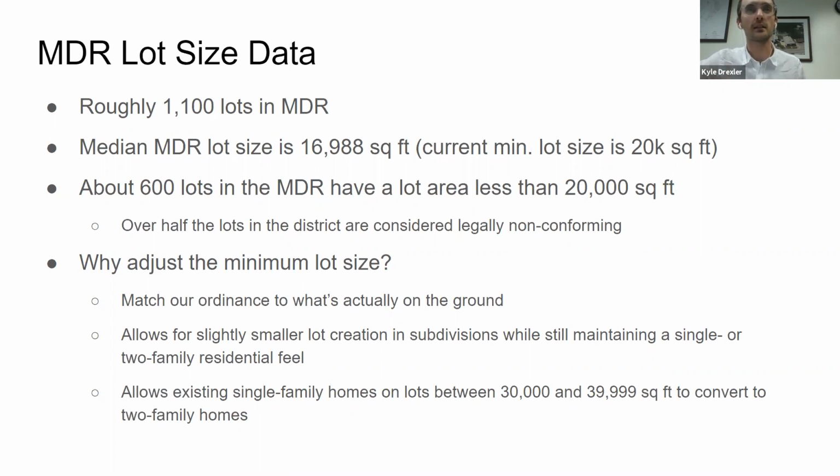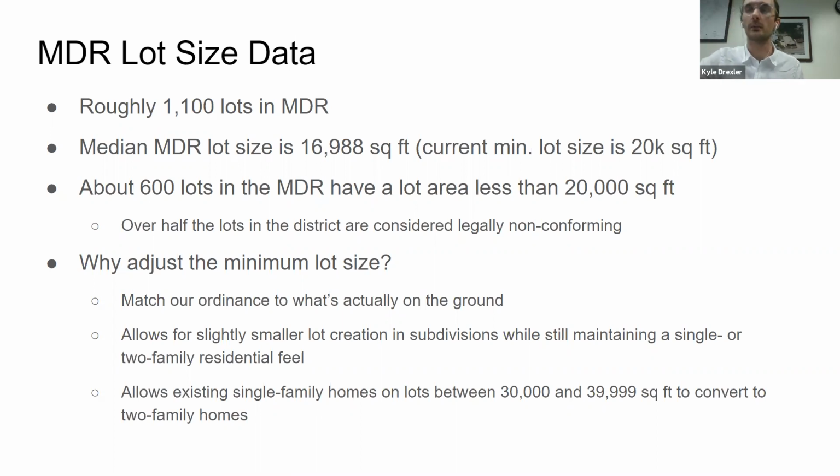If you look at all the lots, about 600 lots in the MDR have a lot area less than 20,000 square feet. So over half of the lots in the district are considered legally non-conforming, which means they're grandfathered in, basically. They're allowed to continue to exist as they are. They can do certain things, but they are a type of non-conforming lot.